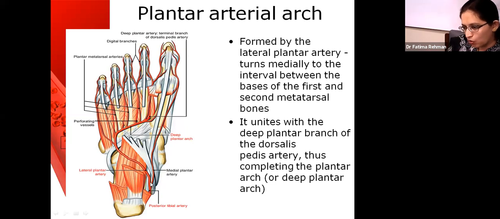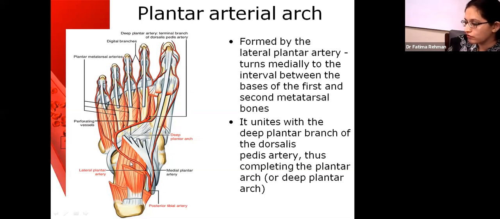It continues forward and divides into the lateral plantar artery and the medial plantar artery. The medial plantar artery runs on the medial aspect of the foot, crossing the tarsal bone, then the metatarsal bone, then it comes to lie on the medial aspect of the big toe. So its course is comparatively very restricted, but specifically the plantar arterial arch is formed by the branches of the lateral plantar artery.